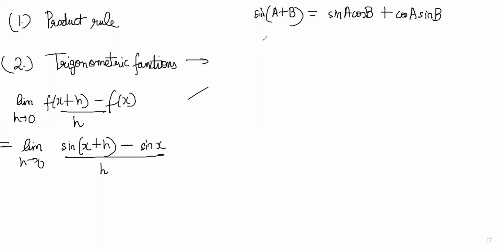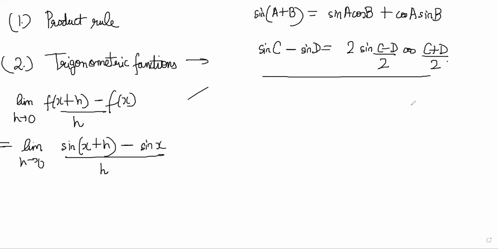And in chapter 7 or chapter 8, you'll also see this formula: sine c minus sine d will be 2 times sine of (c minus d) by 2 times cos of (c plus d) by 2. If we do that here, this is some c and this is some d.